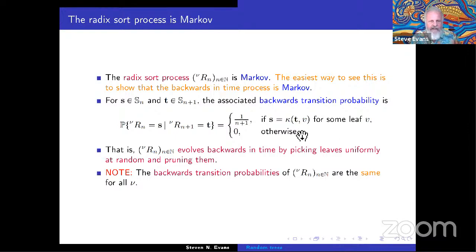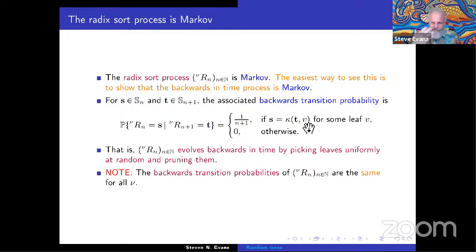It should be: this probability is 1 over n plus 1 times the number of leaves v such that S equals kappa of T with respect to v.